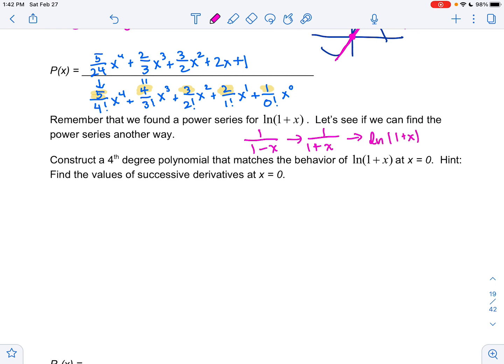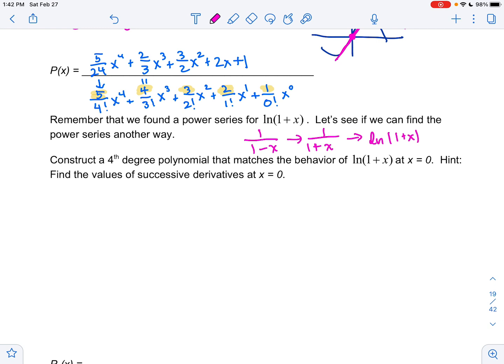And so if you are able to come up with the series expansion for a function using your template series that you've memorized, that's going to be the way you want to go about doing these problems, because that's going to be much faster than what I'm about to show you.